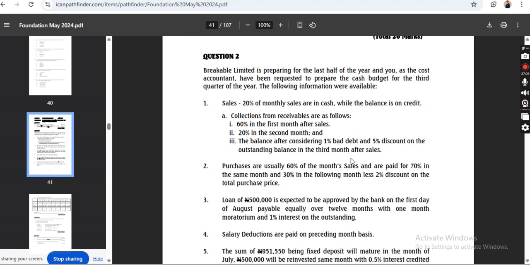Because you have to deduct the bad debt, 1%, and also the 5% discount from the remaining 20%. You have 14%. Okay, that's fine. That is another way you can use actually.